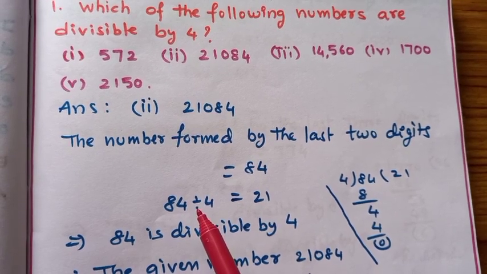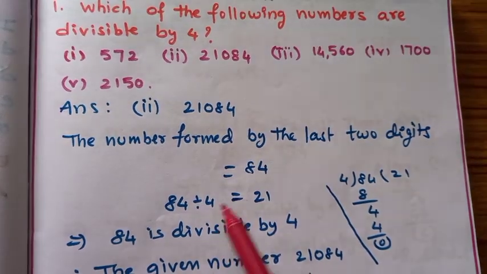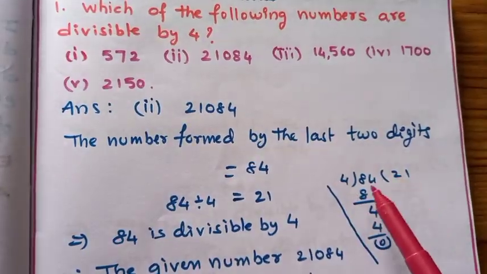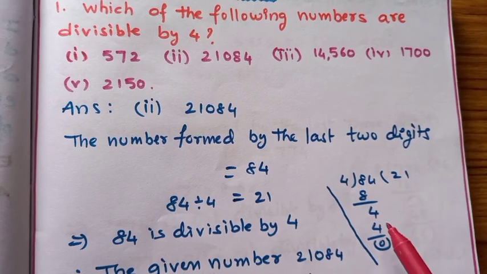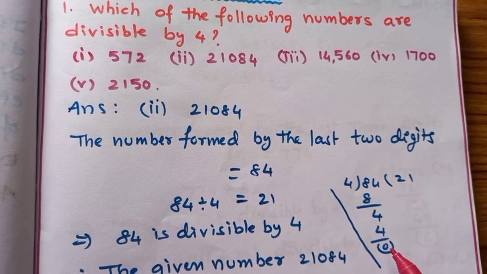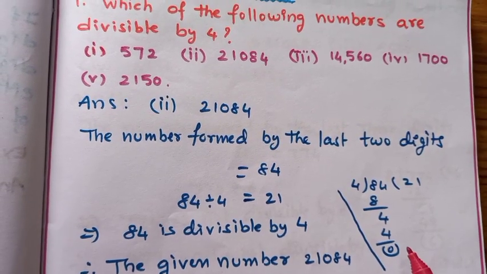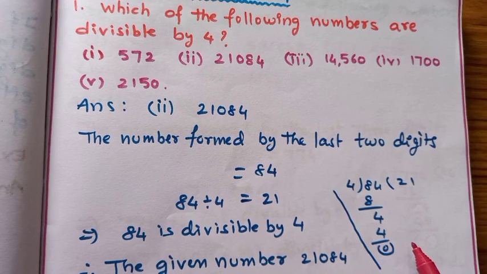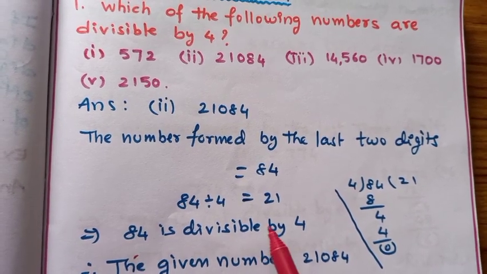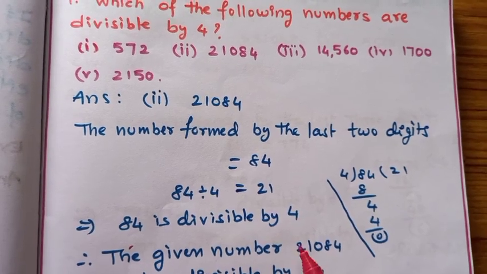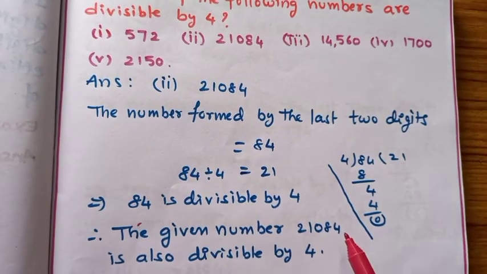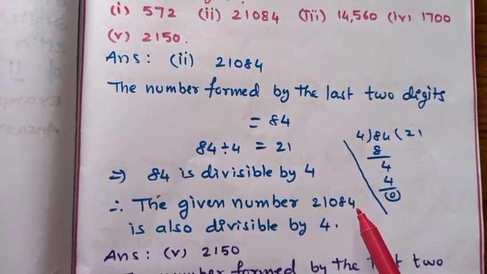Now we try to divide 84 by 4. 4 twos are 8, bring down 4, 4 ones are 4, and we get remainder 0. The remainder 0 means it is divisible by 4. So 84 is divisible by 4. The given number 21,084 is also divisible by 4 according to the divisibility rule of 4.